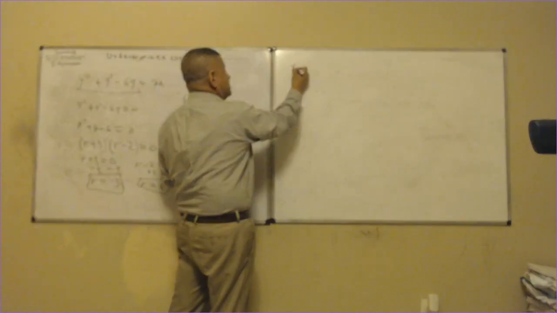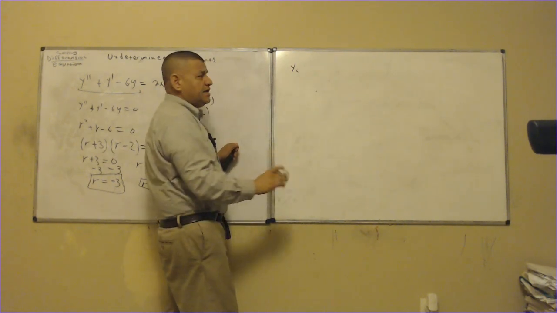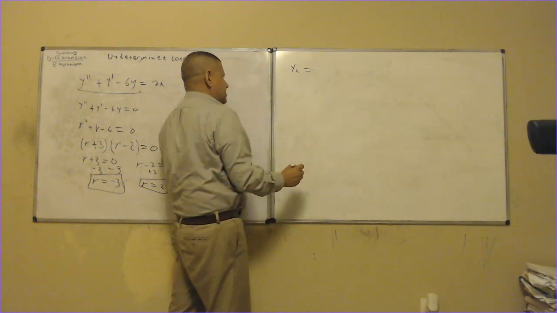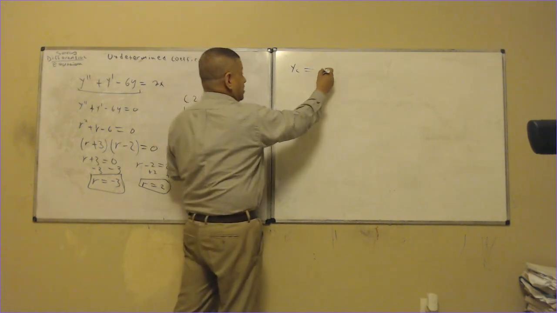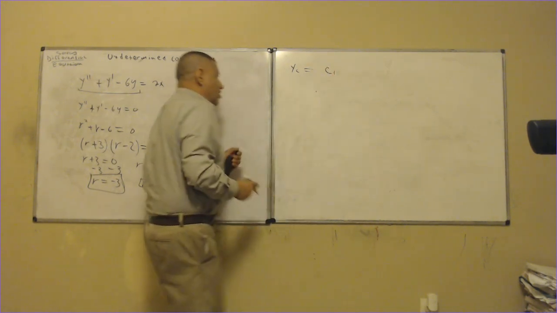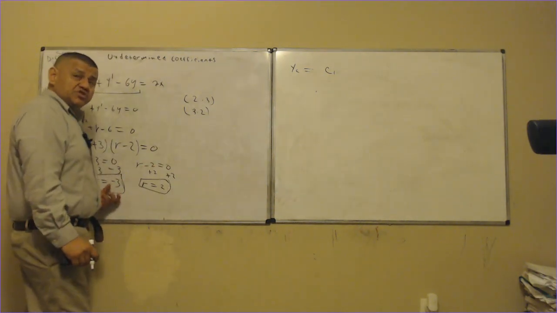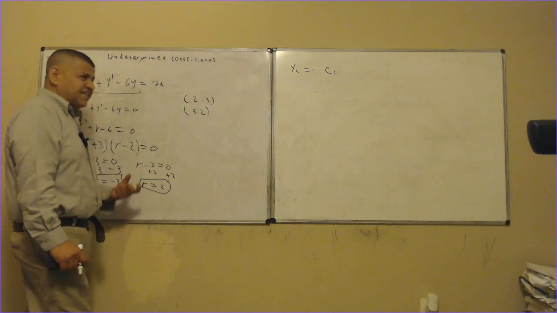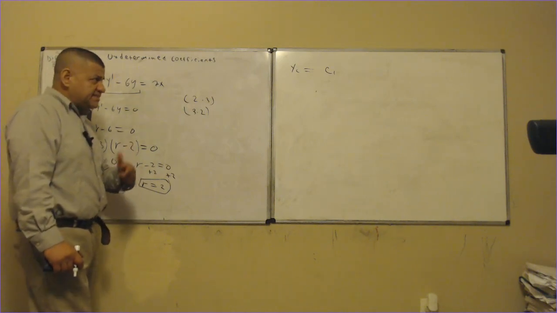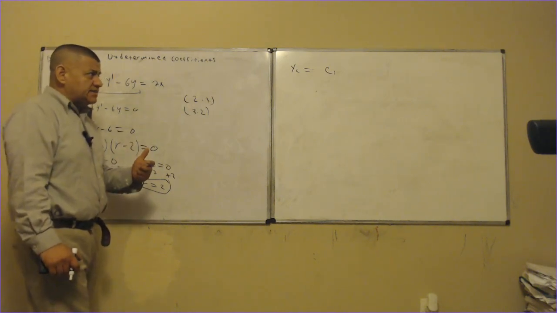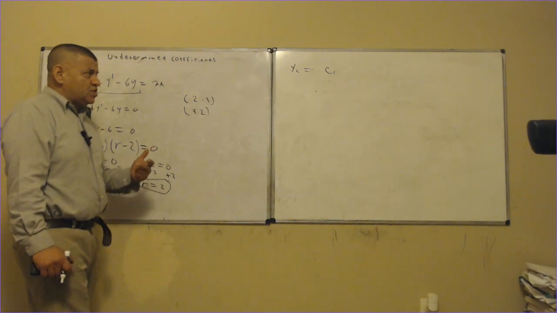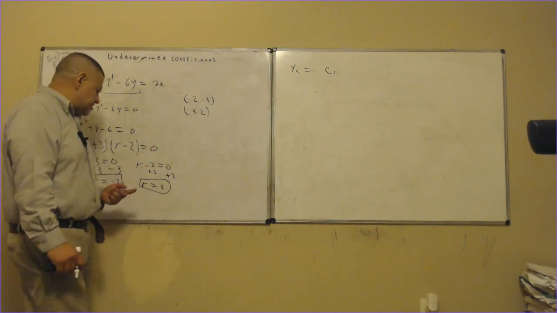It's equal to yc, complementary, right? Which is going to be equal to c1. Now, notice that I have a distinct root, which I don't have to put an x in between c2 and e, an exponential e.